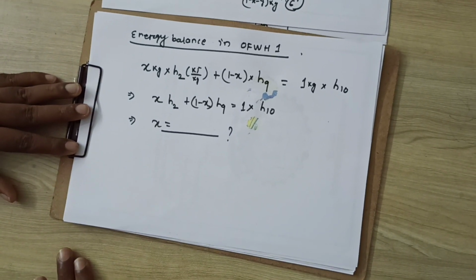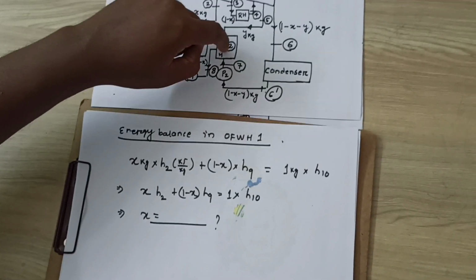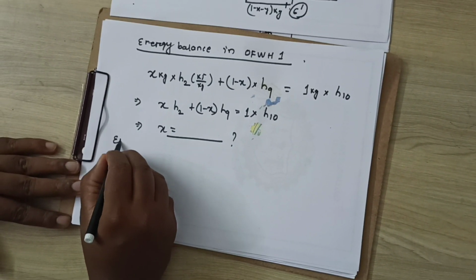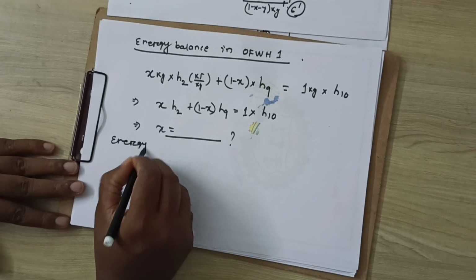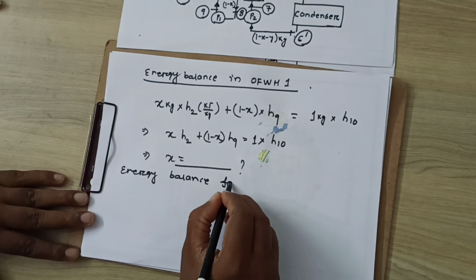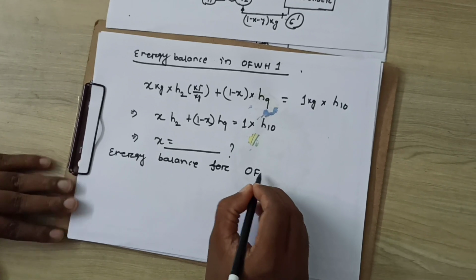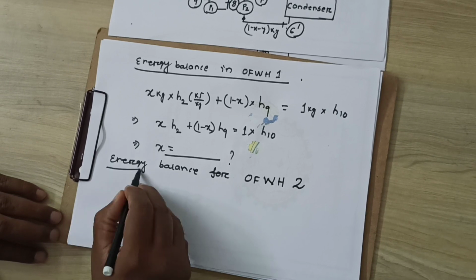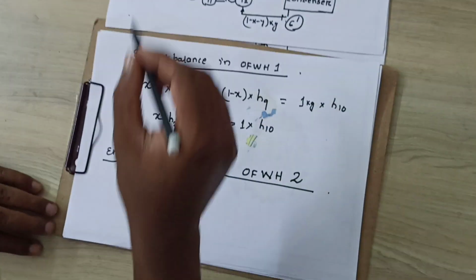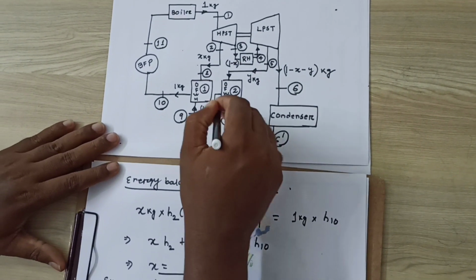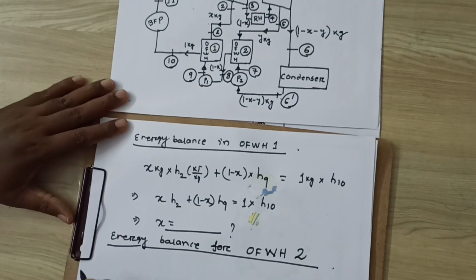After getting this x, you have to put it here in OFWH2. So then we will go for the energy balance for open feed water heater 2. Okay, open feed water heater 2, you see the arrows, two incoming arrows, one from the top, one from the bottom, and one is going away. So how do I have to write it?